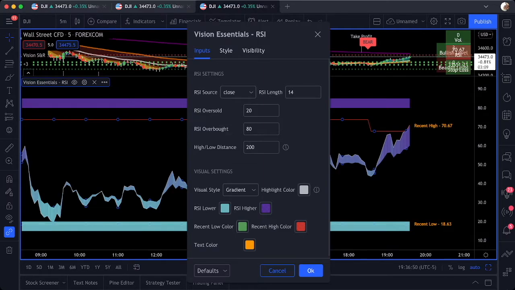Pretty much, yeah. So when you're getting to that 50 and above, you're approaching that overbought area, which means that depending on what you're looking at, it can come down at any point.